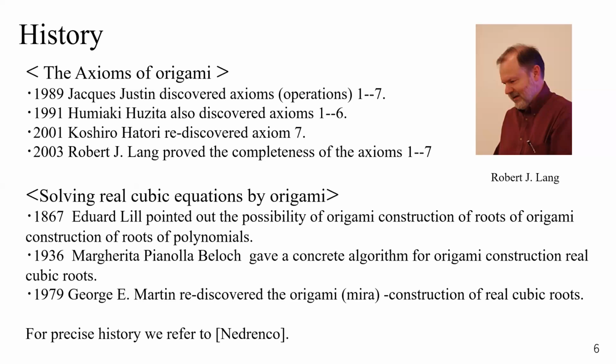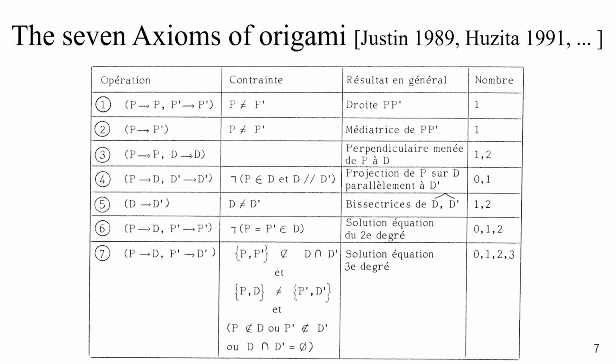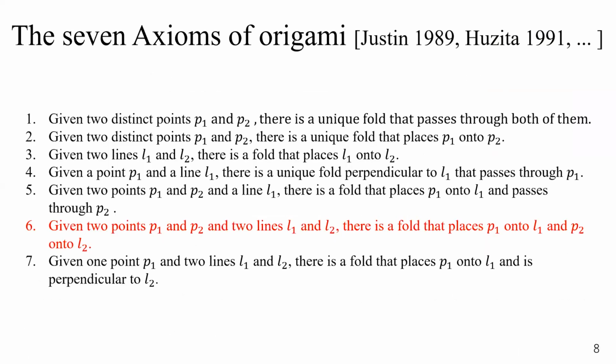We refer to Nedelenko for further details. I cited this table from Justin's paper. This exhibits 7 axioms of origami, and these are translations of the axioms into natural language. Our focus will be on axiom 6.